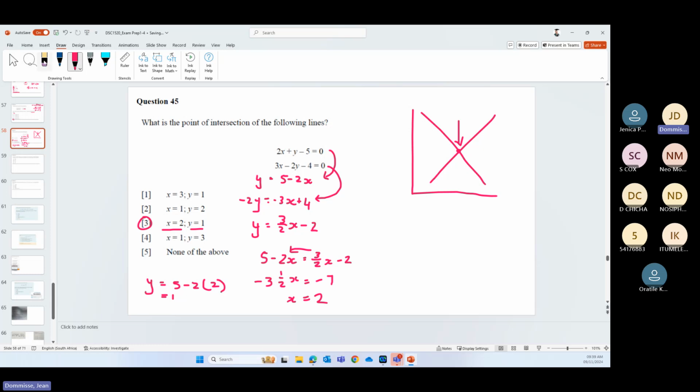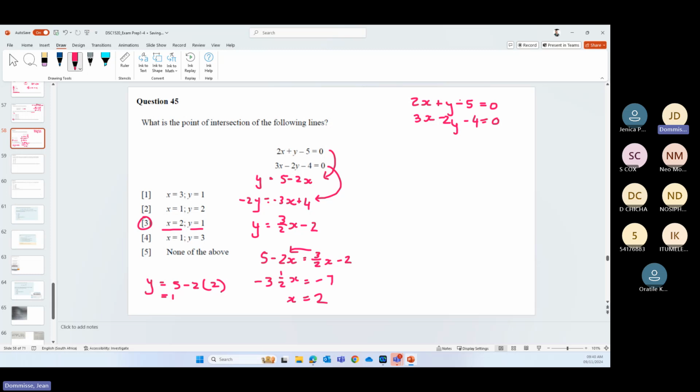Another way, which is sometimes a bit easier, is we're still working with the two different equations. So instead of having three variables in it, let's work it out as two different equations, and we simplify, we change it.